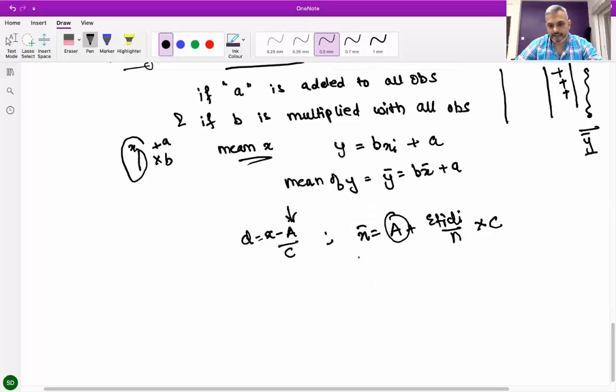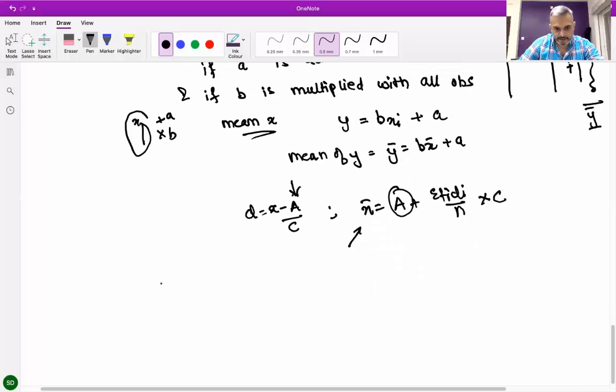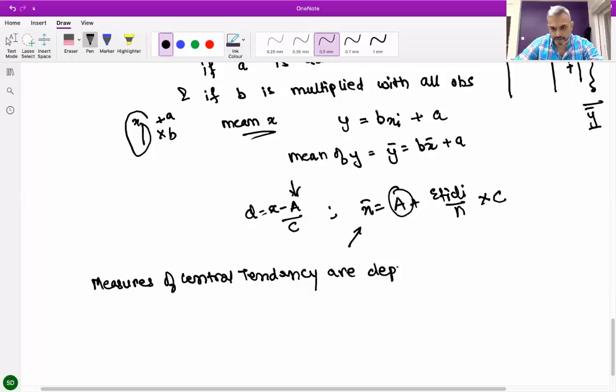So we say that measures of central tendency are dependent. You may please write this. Measures of central tendency are dependent on change of origin.